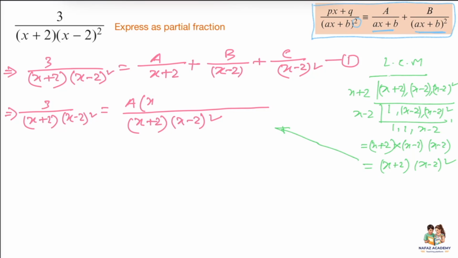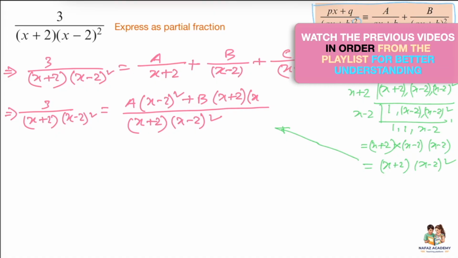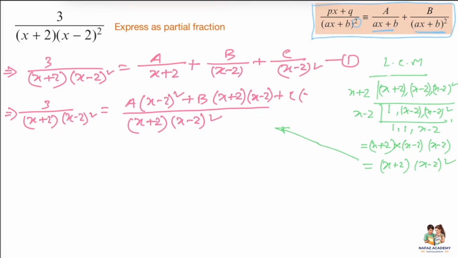So for A, x plus 2 must be eliminated. Only x minus 2 is squared. For B, only one x minus 2 is eliminated, so x plus 2 and x minus 2. Okay, and for C, x minus 2 whole squared will be eliminated, so only x plus 2 is here.